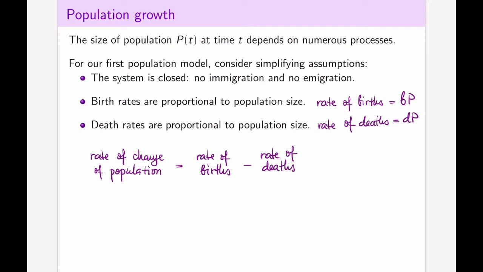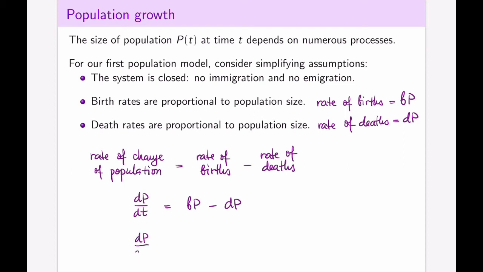Now, this entire equation is based on rates, which means that this in itself is a differential equation. The rate of change of population is the derivative of the population with respect to time. The rate of births being proportional to the population size is just bP. The rate of deaths is dP, where b and d are birth and mortality constants. Now I can simplify this a little bit because I can factor P out on the right-hand side.